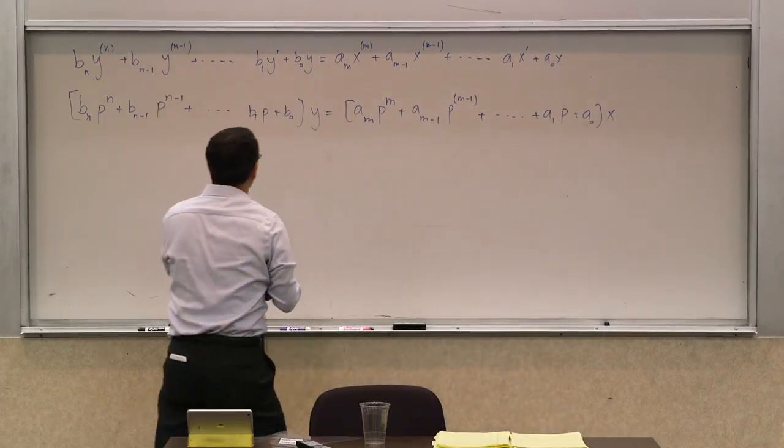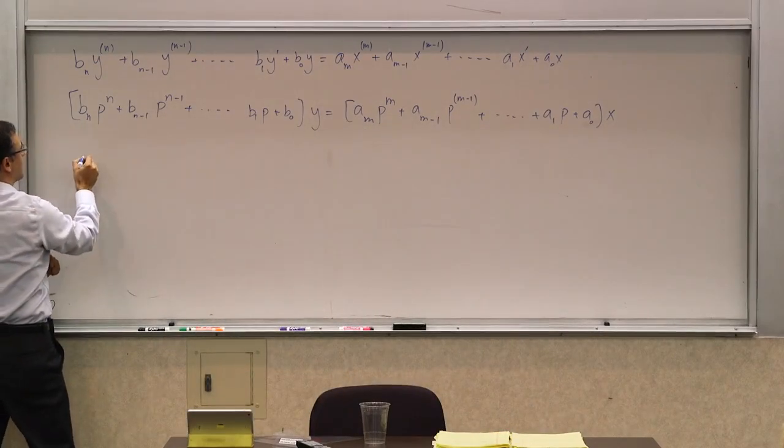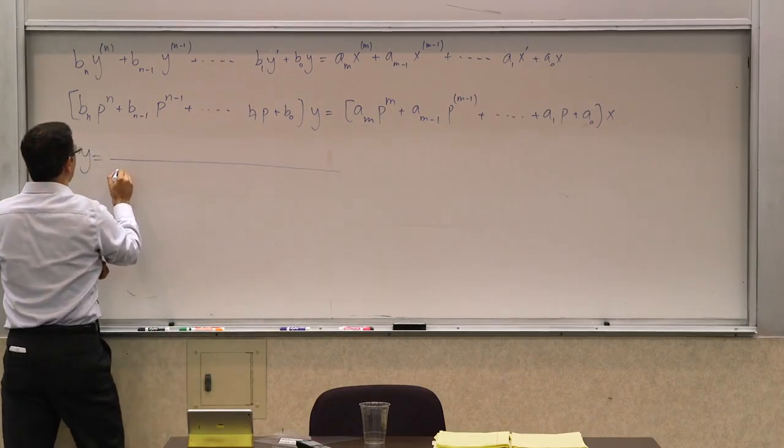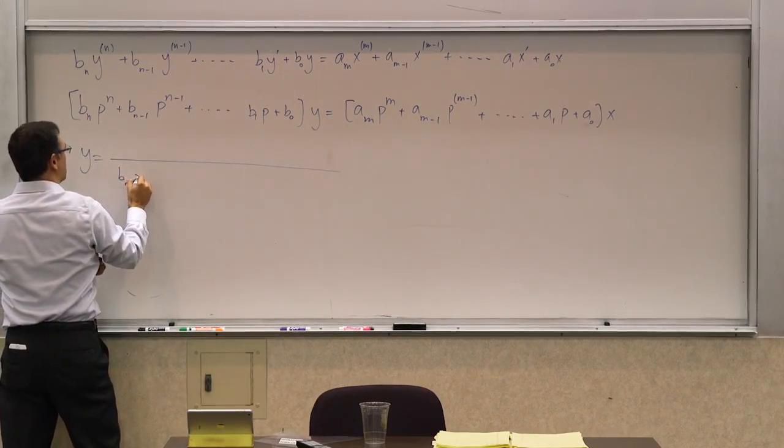And what you need to do is apply the inverse operator of this. So in general, you can write it like this gigantic thing in the denominator. You can write it as bn p to the n, and so on.